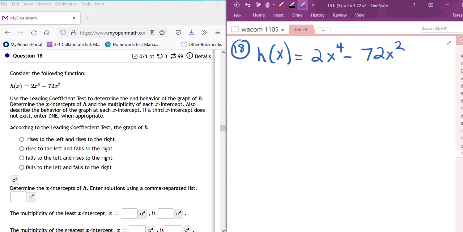Then we will find the X-intercepts, or the zeros. Right, so end behavior. We need to know degree. It is 4. Leading coefficient is positive, so it's going to look like a W. So it is going to rise to the left and rise to the right. So it is your first choice.